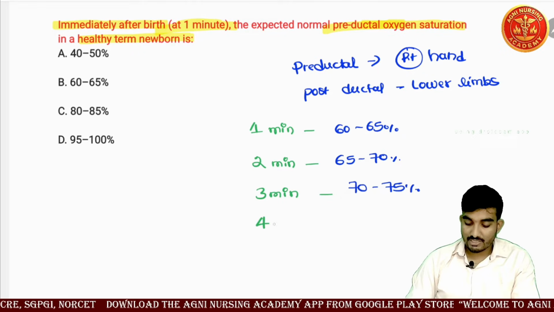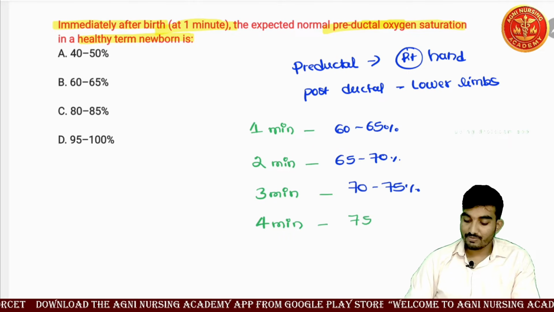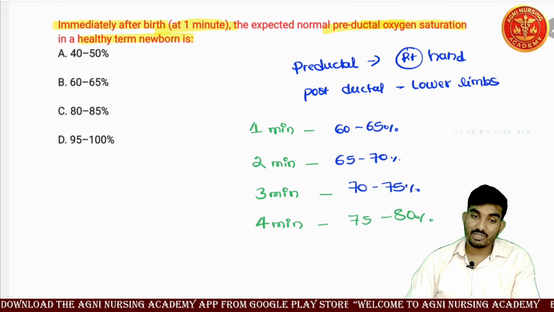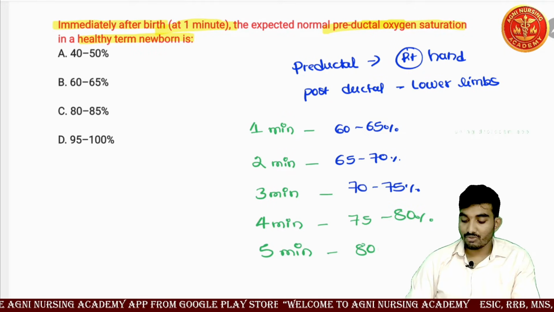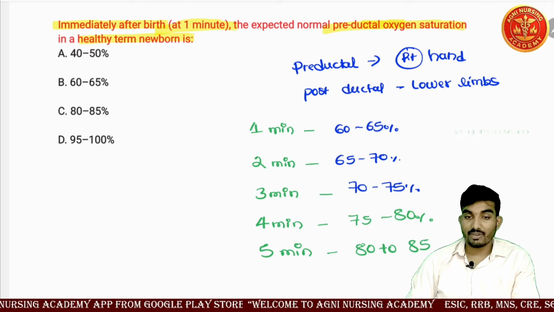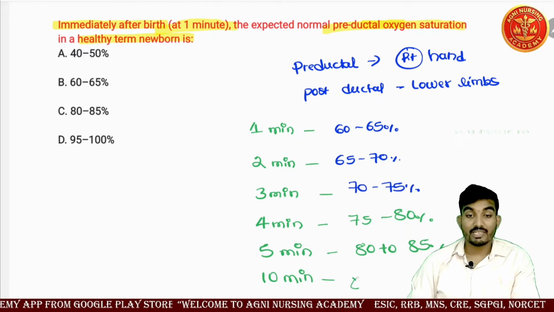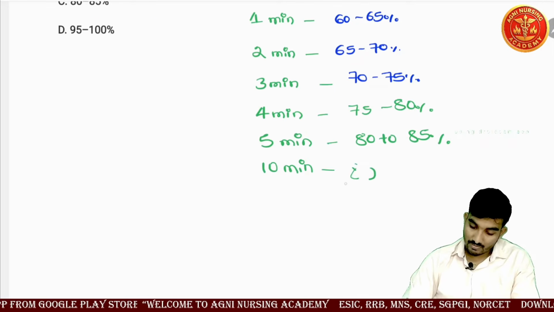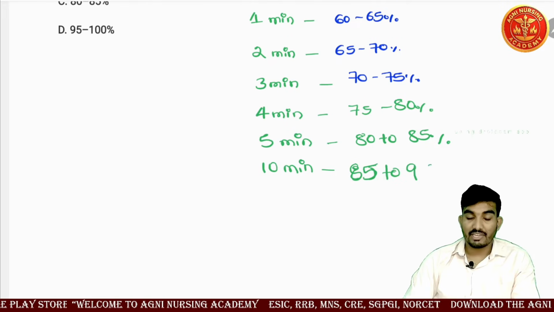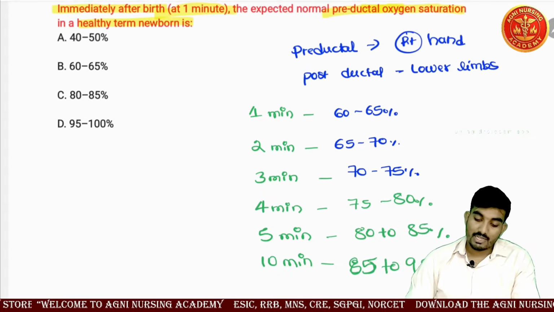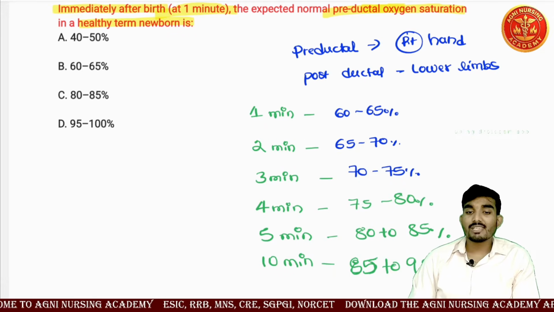And the fourth minute, 75 to 80% is saturation. In the 5th minute, 80 to 85%, and in 10 minutes, 85 to 95%. These are the preductal oxygen saturation values just after the birth.